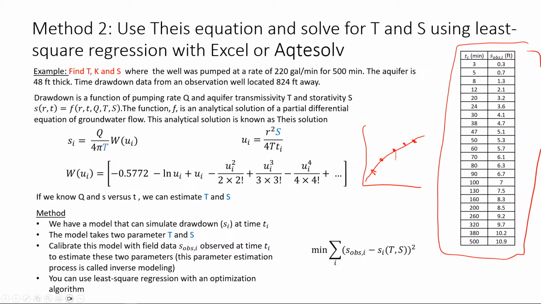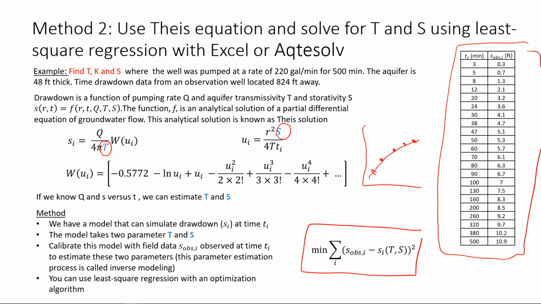So you keep changing this T value and S value until you find a good match between your observed data and your theoretical curve. That's it. Basically, you solve this as an optimization problem. So what's your objective function?